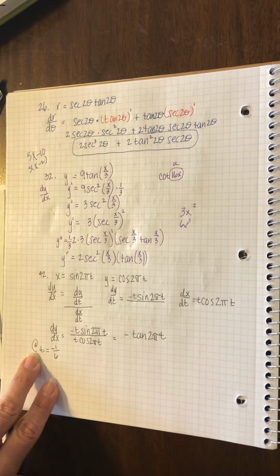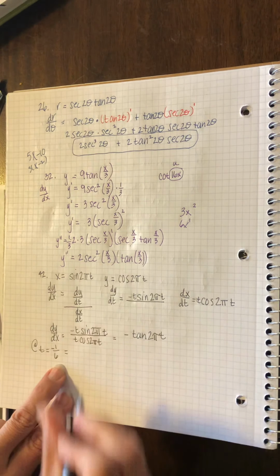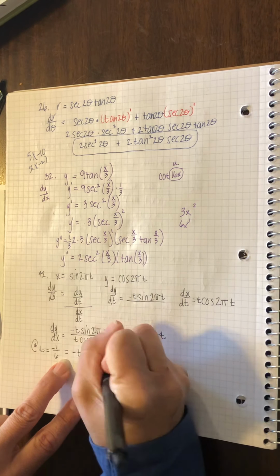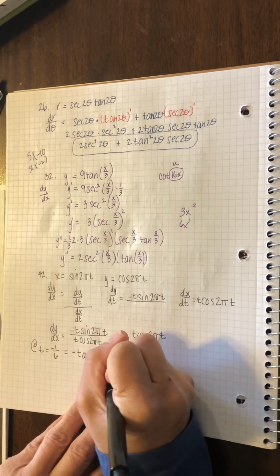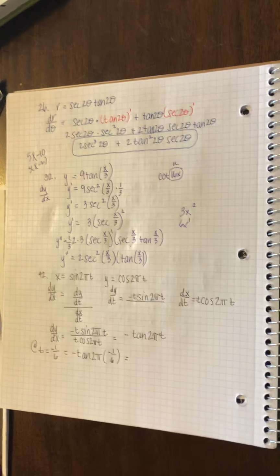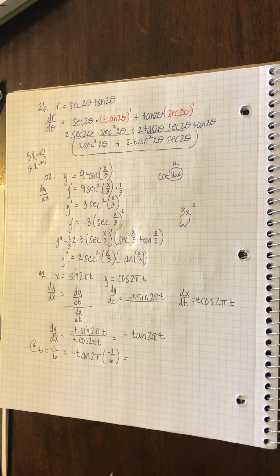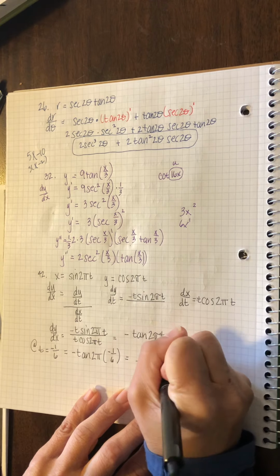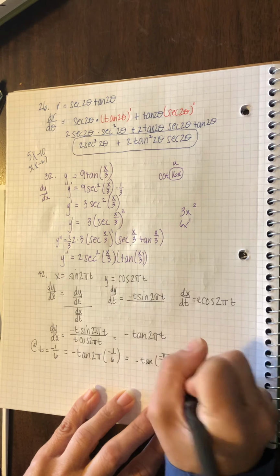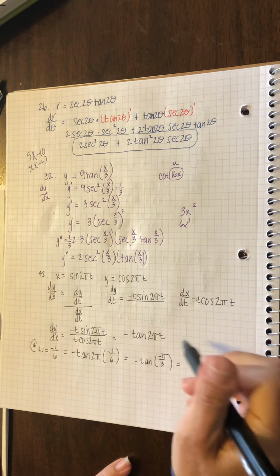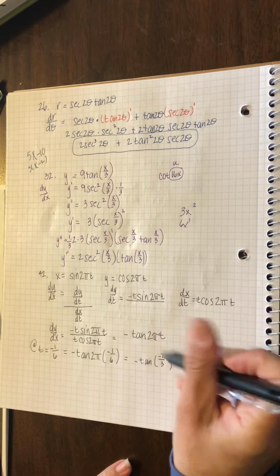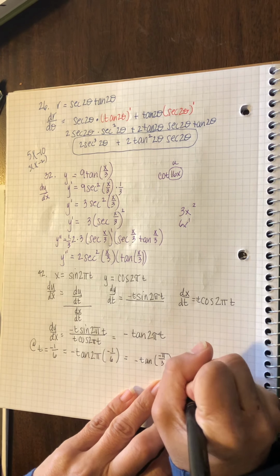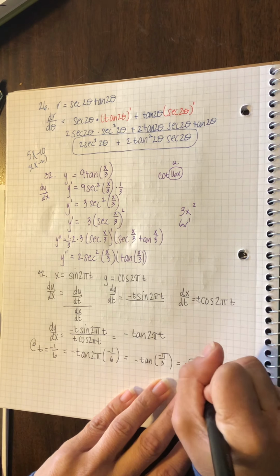Plug in negative 1/6. So this is the negative tangent of negative pi over 3. If you use your even odd properties, this ends up being the tangent of positive pi over 3, which is root 3. So this is your slope.